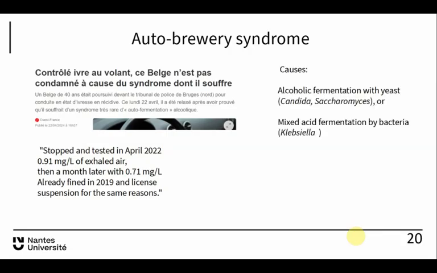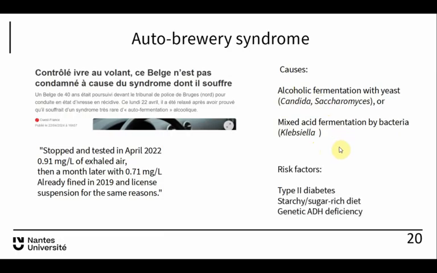So there are sporadic cases, and it's because you've got Candida or Saccharomyces living in your gut. And when you eat something sugary or starchy, they can ferment it into alcohol. So it's mostly commensal yeast living in your gut, but it can be caused by mixed acid fermentation by some bacteria of the Klebsiella genus.